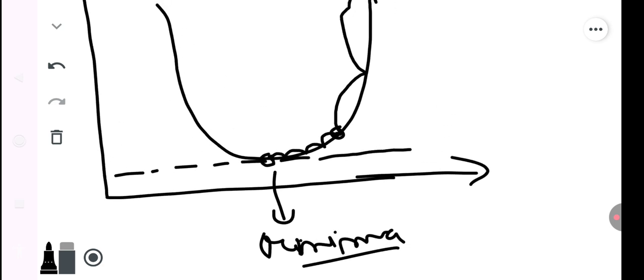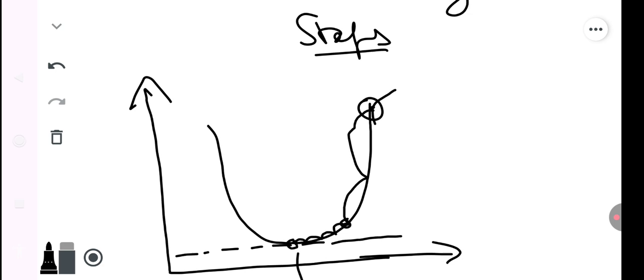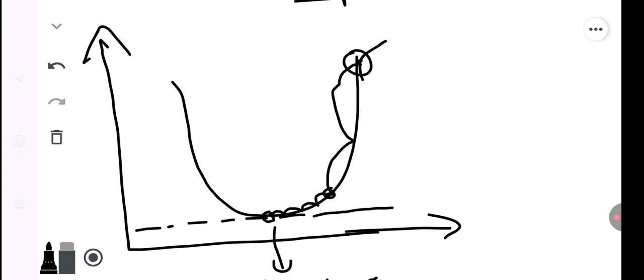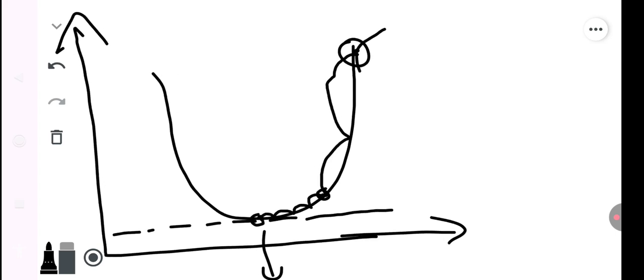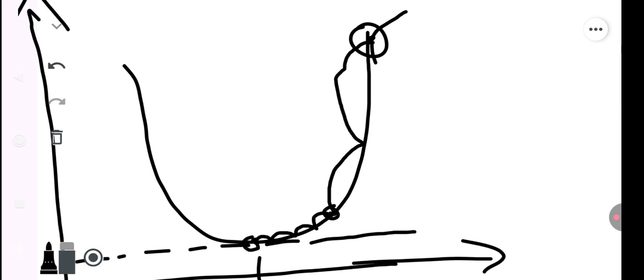This is our minima. So what I'm talking about is, what if we take a mixture of both small and large steps? Suppose first we are taking large steps while moving down the slope. We are taking large steps here.